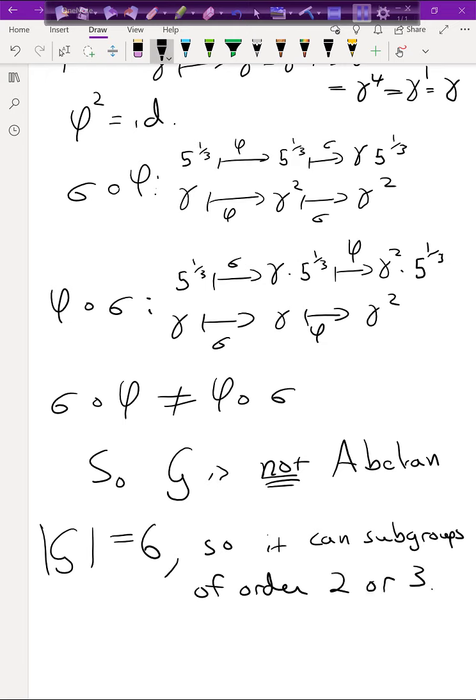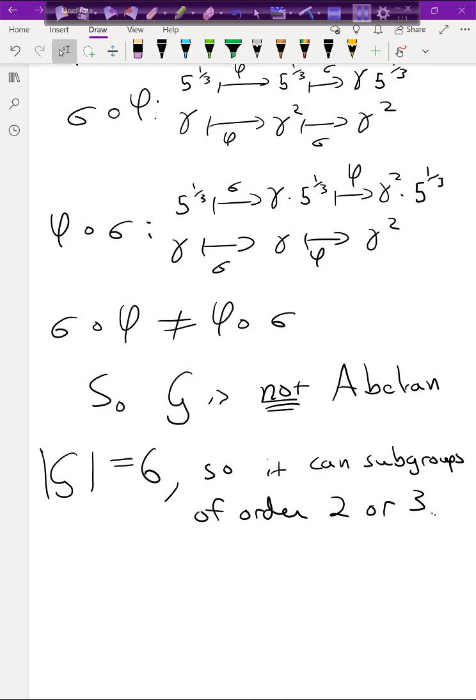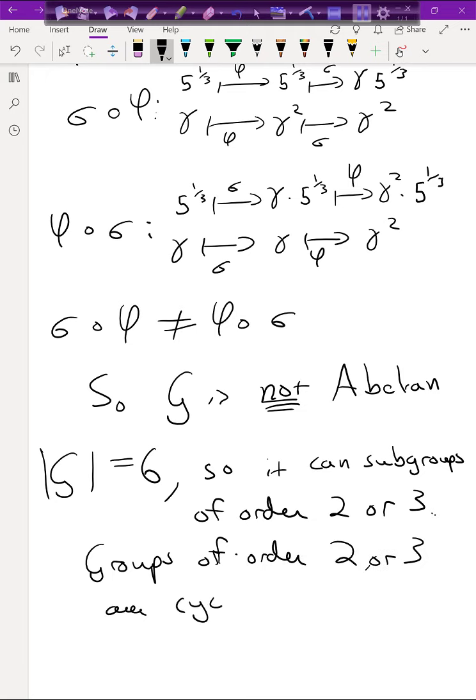I don't care about the identity or G itself, right? Because the size of the subgroup has to divide the order of the group. Groups of order 2 or 3 are cyclic, since 2 and 3 are prime. Remember, any group of prime order is cyclic.